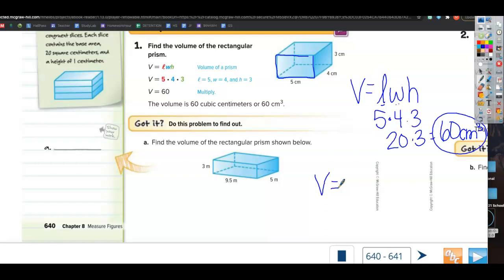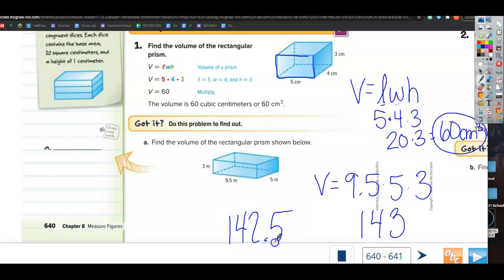Gracie, what did you write out for your volume formula? Good. You do need to write this all out. And what did you get for an answer? So you round to the nearest whole number? If you didn't round to the nearest whole number, what would it have been? 142.